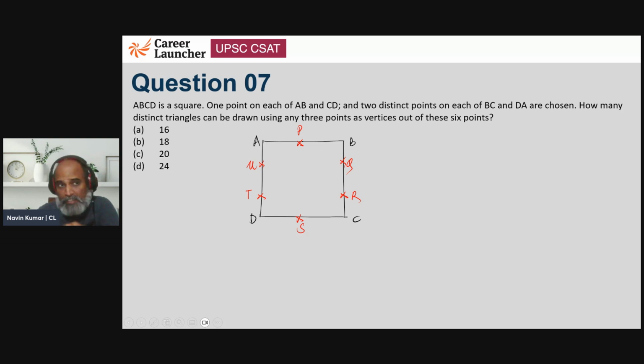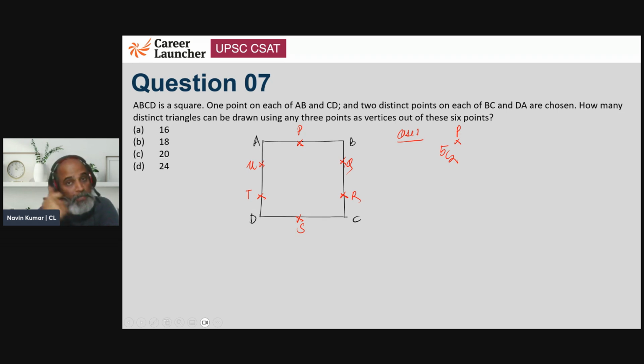See, if you look at the options, it's an even number, which means I'll get symmetrical ones, right? So the first case that I would like to choose is P is definitely one of the points, right? From the remaining 5 points, if I select any two, I select U, D, Q, R or S. इन पांच में से कोई भी दो select कर लिया, तो I will be getting a triangle, right?